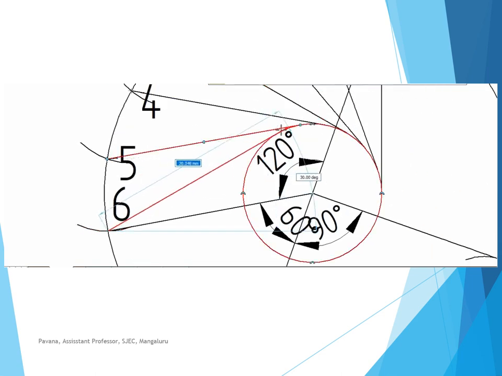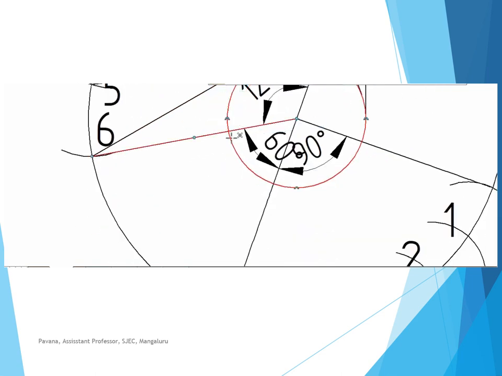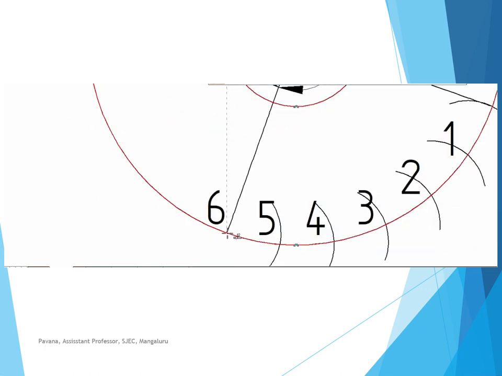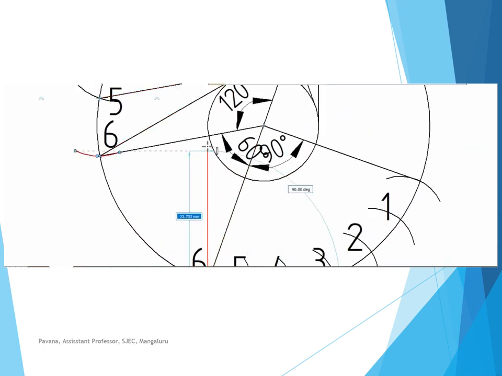Right. Once that section is over, go for the 90-degree section. Again, from all the six points, draw a tangent line.